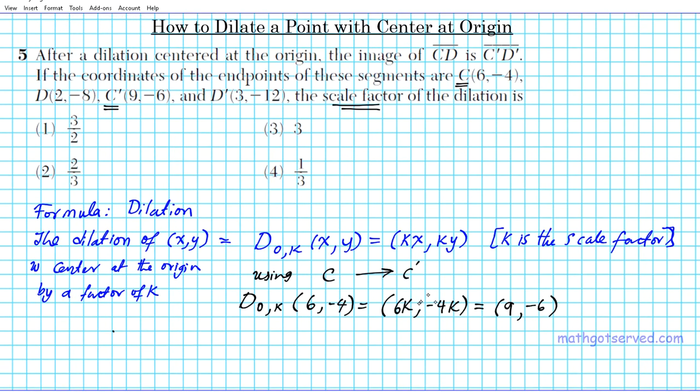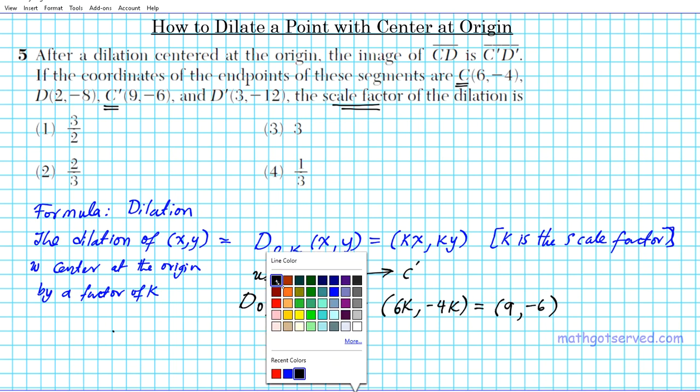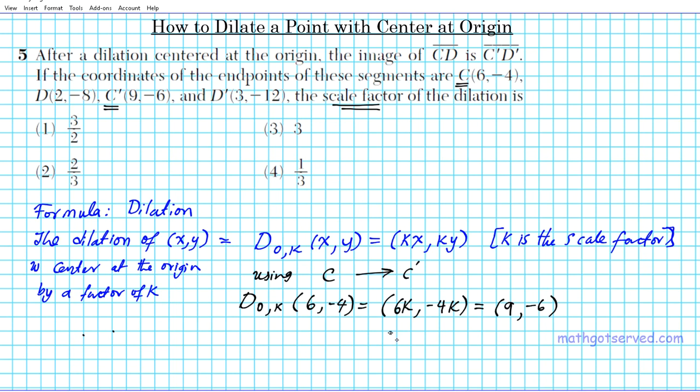Since the x values are equal, we can set up the equation 6k is equal to 9. If you want to use the x's, because this is xy, the same point, xy. If you want to use the y's, you can say negative 4k is equal to negative 6. So by solving any of these for k, you will get exactly the same scale factor.